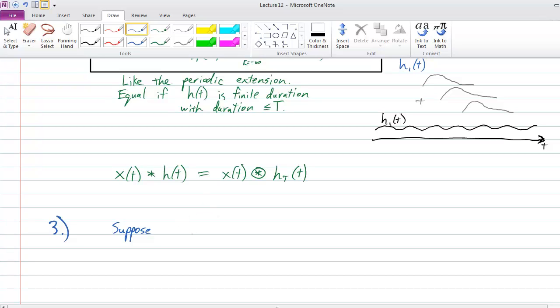Suppose that x of t and y of t have duration T. So now we're not going to assume that they're periodic. We're just going to say they have a finite duration. Yes, this should be the same period.